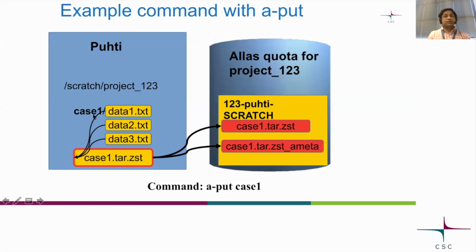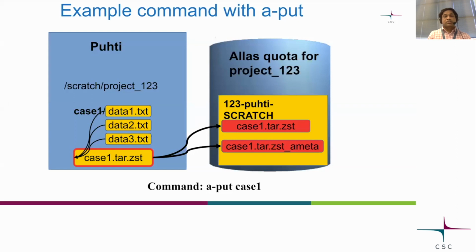Under that you have a folder case1, with files data1, data2, and so forth. Here is a command that you would give: a_put case1, which is one of the commands in the A tools to upload your data to the Atlas environment.